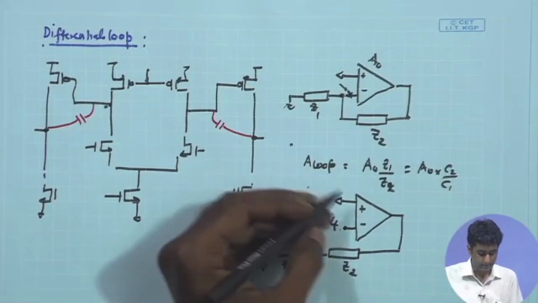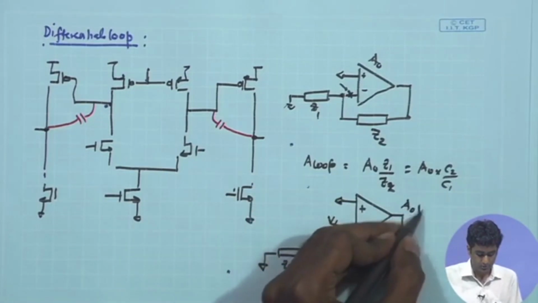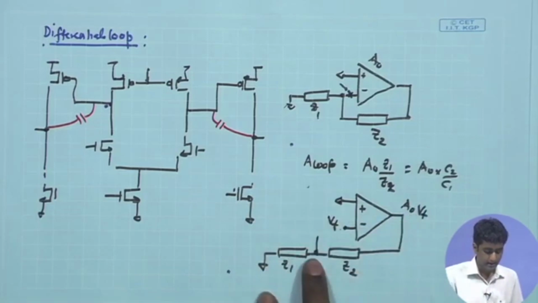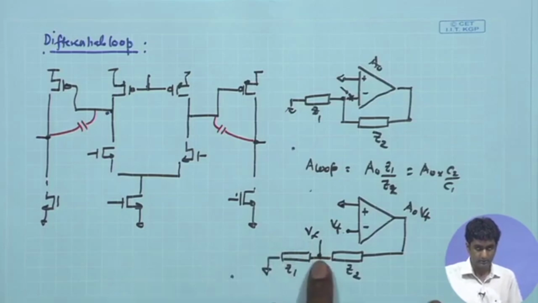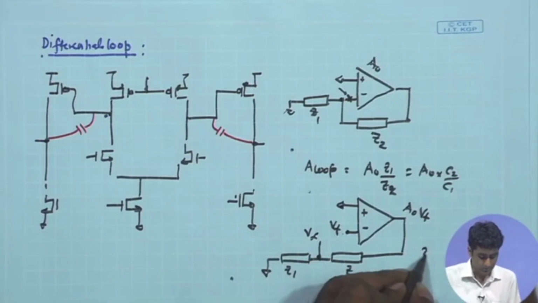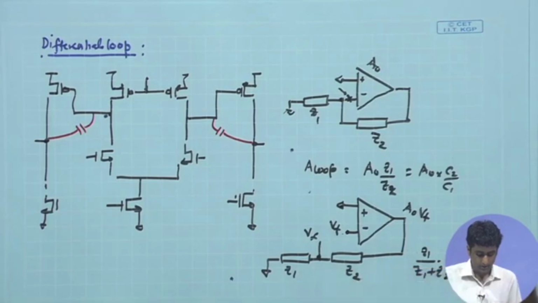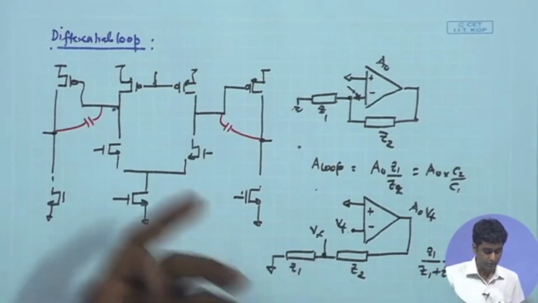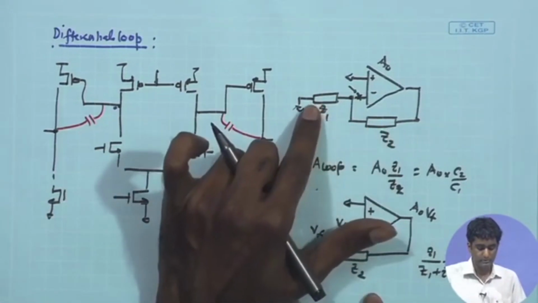So, here we can see that the other terminal is at AC ground, therefore, the output signal over here is going to be A times Vt, and here you are having the Vf. If you look at the signal coming over here after this divider, that is going to be Vf, which is Z1 upon Z1 plus Z2 times A naught times Vt. And also we know that in order to get large gain, we are having the Z2 which is much larger than Z1.